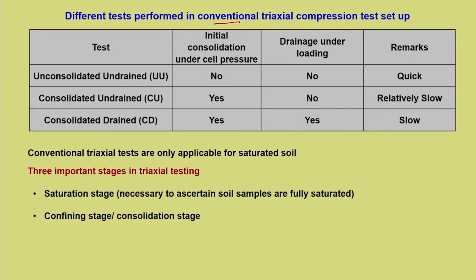Now, we cannot guarantee that the particular soil sample that we get from the field is saturated. So, first we will check whether the soil is saturated. If it is not, then the first stage is to execute or to induce saturation in the soil sample. Then comes the confining stage or the consolidation stage, and finally the loading or the shearing stage. So, these are the three important stages in triaxial testing.